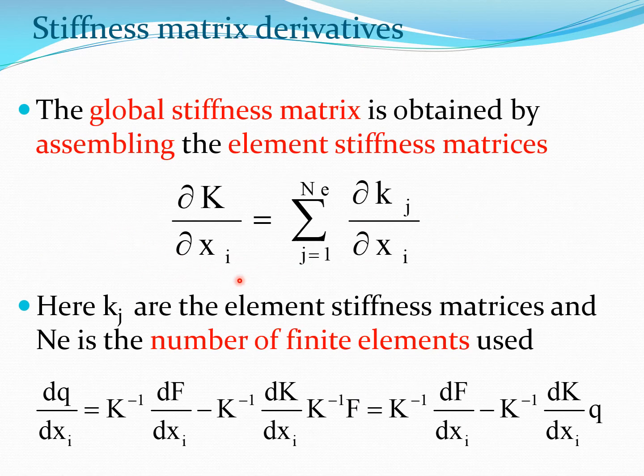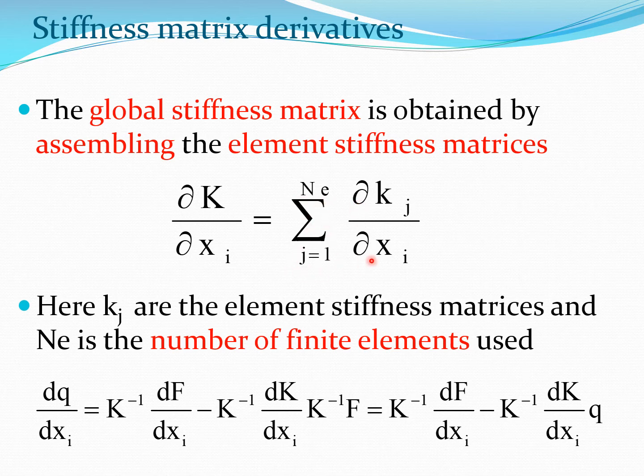Now let's go back to the fact that you need to calculate these derivatives with respect to x_i, for example, for the stiffness matrix. The typical global stiffness matrix which we are dealing with is expressed in terms of the element stiffness matrices, and there are NE of these, and they are all summed from j is 1 to NE.